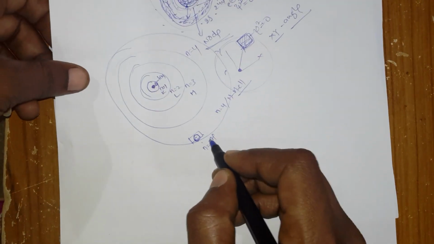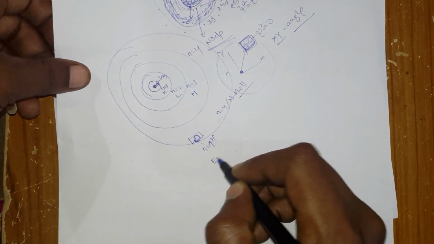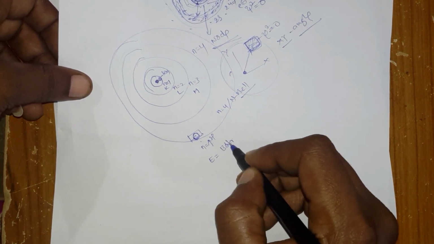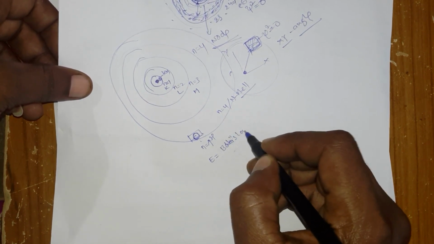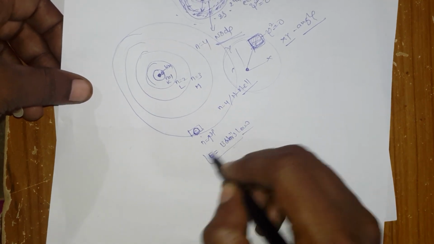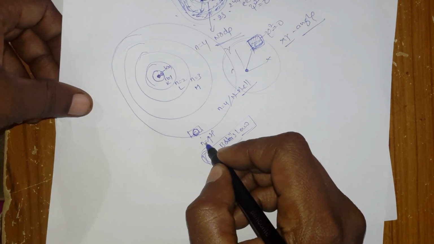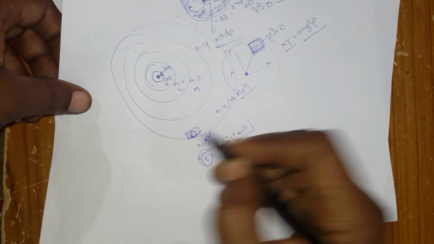How can you find out the energy? By using Bohr's law. In Bohr's law there is an equation for the energy calculation for each shell, each orbital.